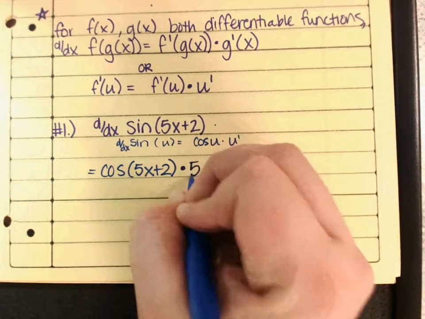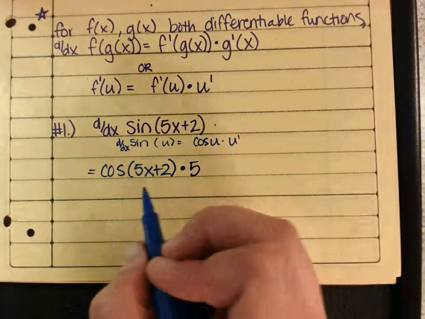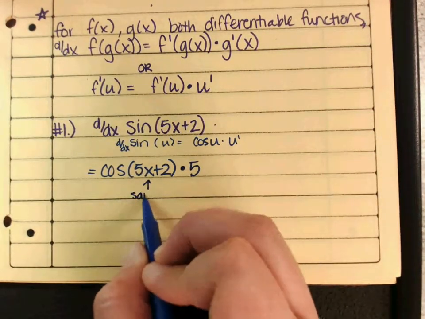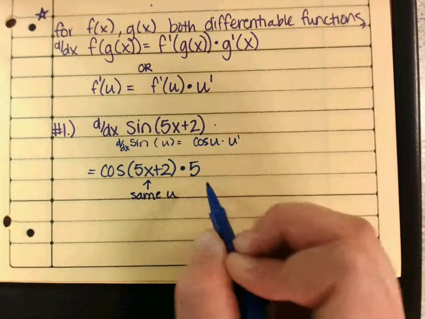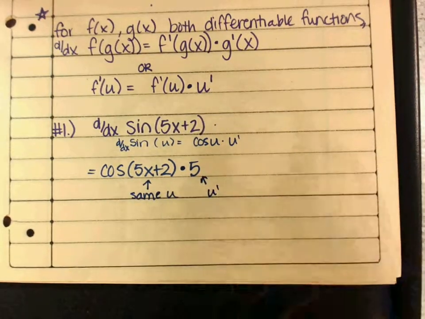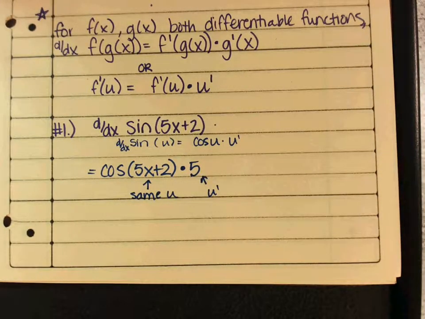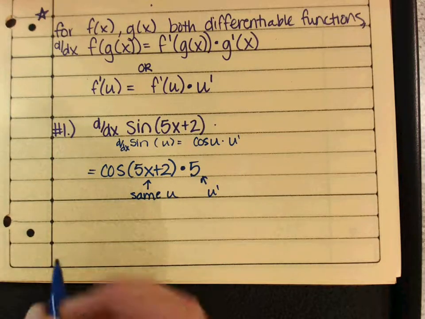Just 5. So this is the same exact u. Same u. This is u prime. So I keep the u the same when I differentiate the outside, and then I multiply by the derivative at the back. We're going to do like a million of these, so if that one was confusing, let's try one more. Number 2.